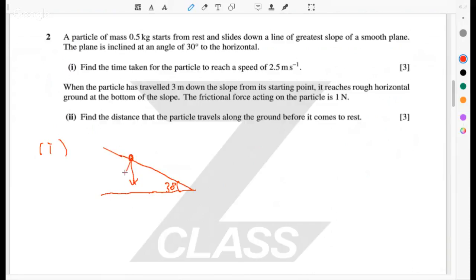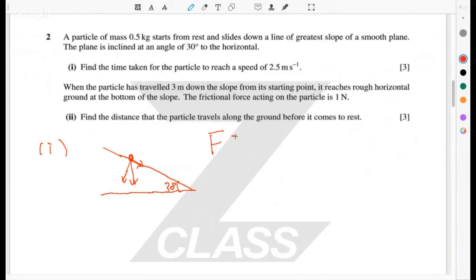So we can break it into 2 components. There's one parallel to the slope and one normal to the slope. And the component of gravity responsible for the acceleration is always the component parallel to the slope. And in order to find the parallel bit, you do sine 30.